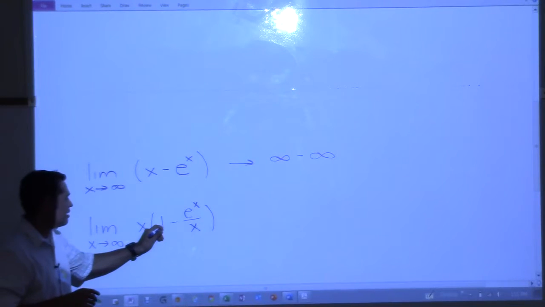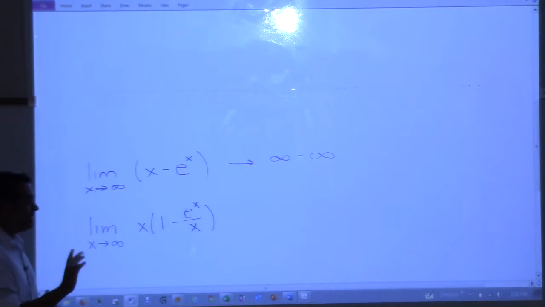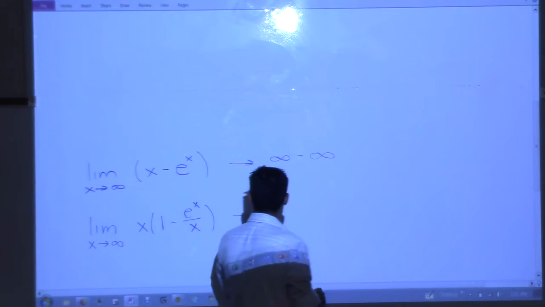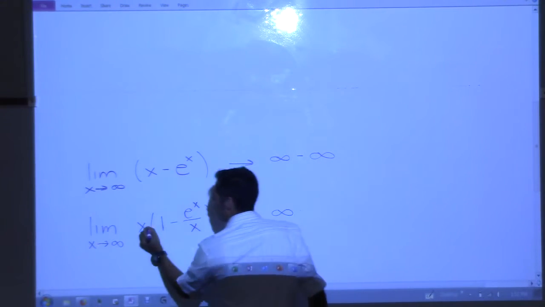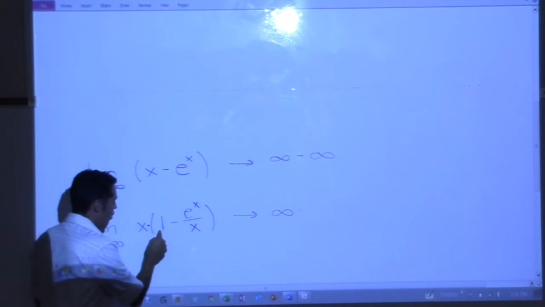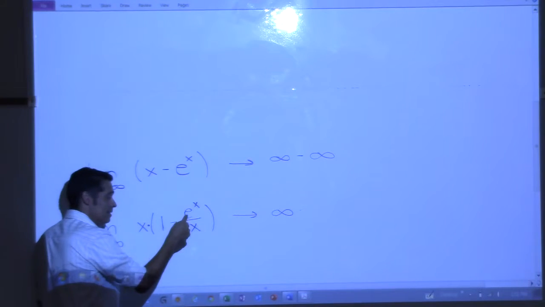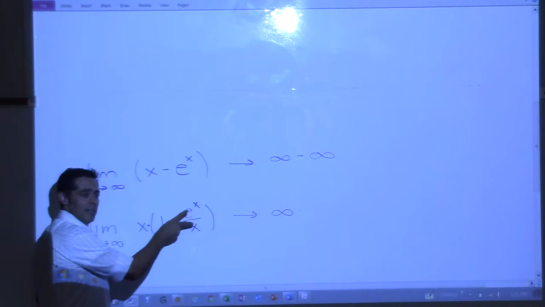So now let's check real quick to see what happens. If I let x go to infinity, where's that going? I'm getting something that looks like infinity times, and in here I have 1 minus infinity divided by infinity. L'Hopital.